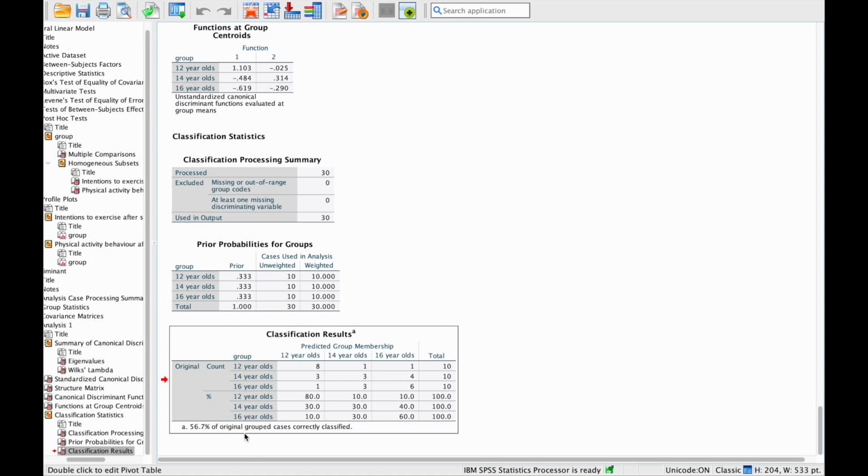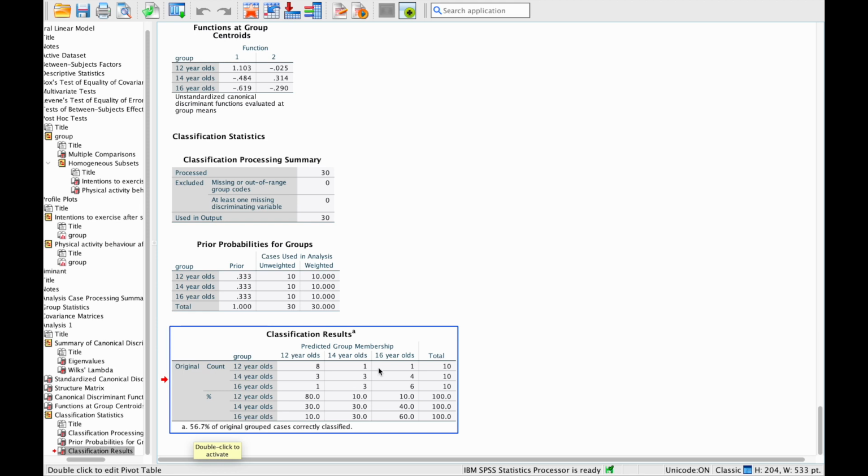Classification results. First thing we do is we look at this line at the bottom, which shows us that overall, almost 57% of the cases were correctly classified. Then we go over to the 12-year-olds and see that the discriminant functions accurately classified 80% of the 12-year-olds to their actual group. We then go to the 14-year-olds and see that only 30% were accurately classified to their actual group.